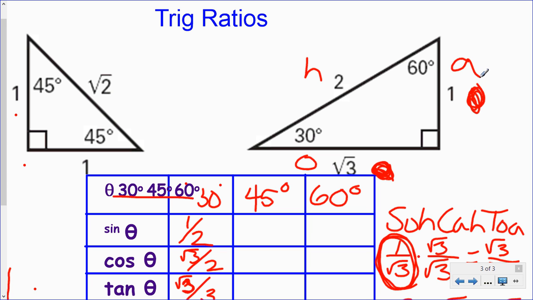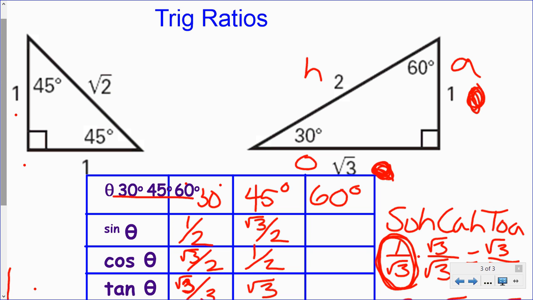Okay, so sine of 60 is going to be square root of 3 over 2, opposite over hypotenuse. Cosine of 60 is going to be 1/2. And tangent of 60, which is opposite over adjacent, is going to be square root of 3 over 1, and then you can drop the 1.